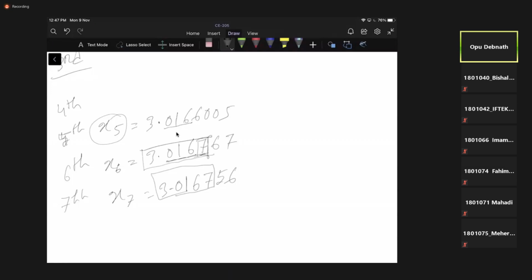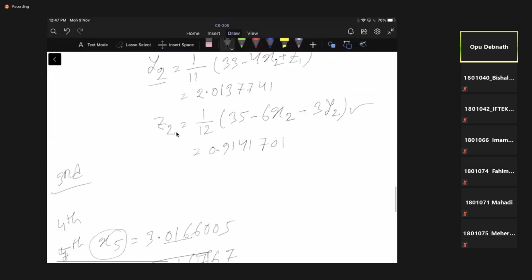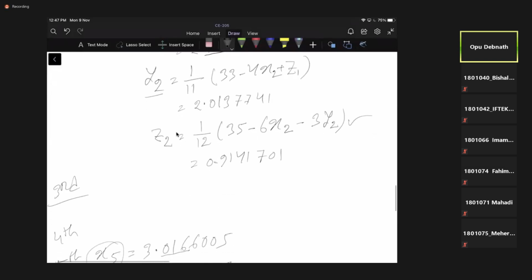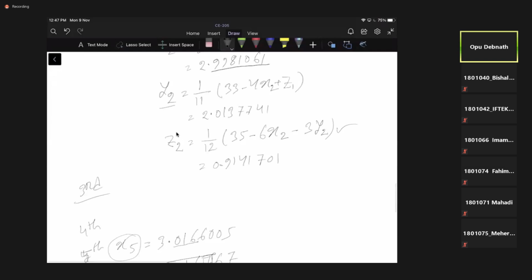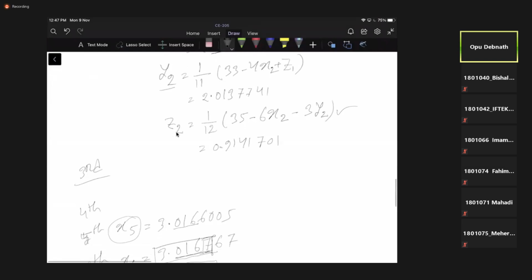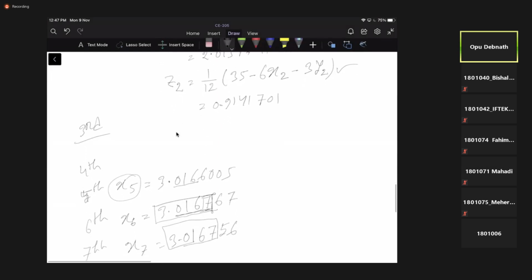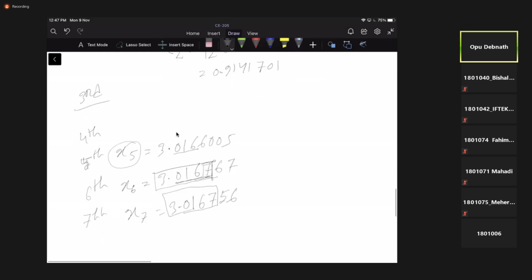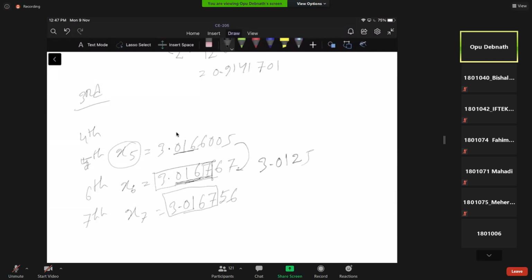But sometimes you may make mistakes in this iterative process. I find in some cases students go very well up to the third or fourth steps, and thereafter make some mistake in calculation, and then again this place will be displaced. Like you will get three points incorrect, and then in the next step you will find 3.0125 like this.